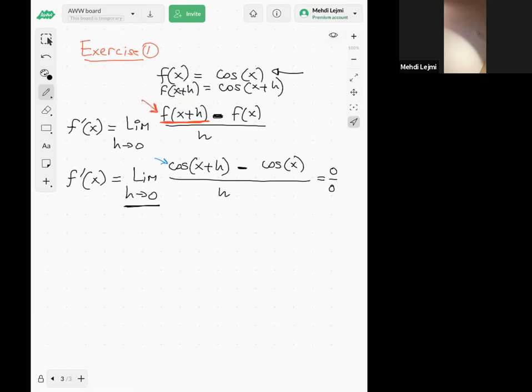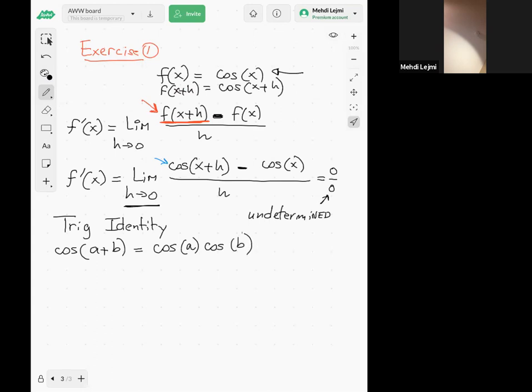The identity says the following: if you have cosine of a plus b, that will be cosine of a times cosine of b, minus sine of a times sine of b. All right, that's my trig identity.